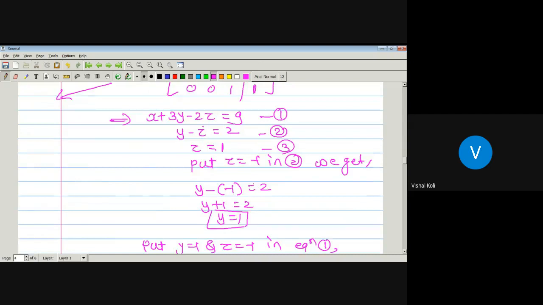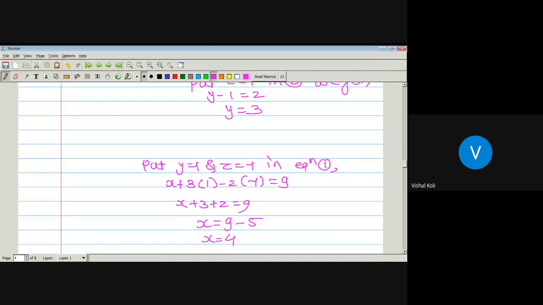And if we take z = 1, then y - 1 = 2, which implies y = 3.